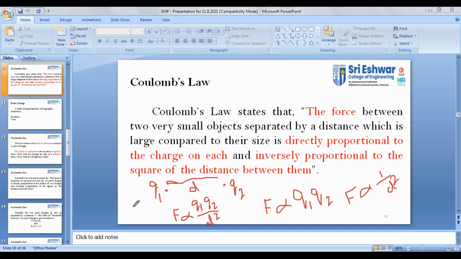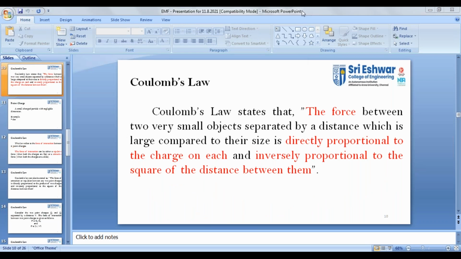This is the statement of Coulomb's law. Do you understand what Coulomb's law is? Yes or no? Yes, sir. Okay, so this is my Coulomb's law. Coulomb's law states this thing only.